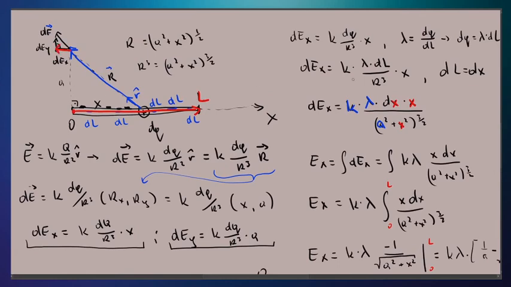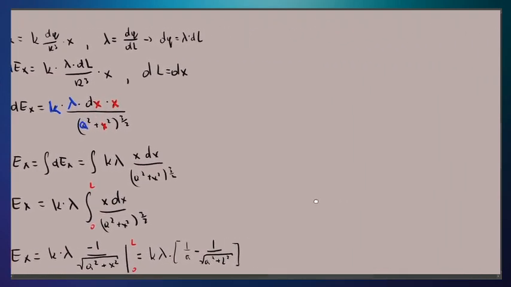Now we still have to find the y component. So I'm going to run this through, finding the y component, and the y component is this expression here: k dq over r cubed times a. All right, so let's move this out here. So Ey is k dq over r cubed times a. And now a couple of things that we can already steal from the previous part.